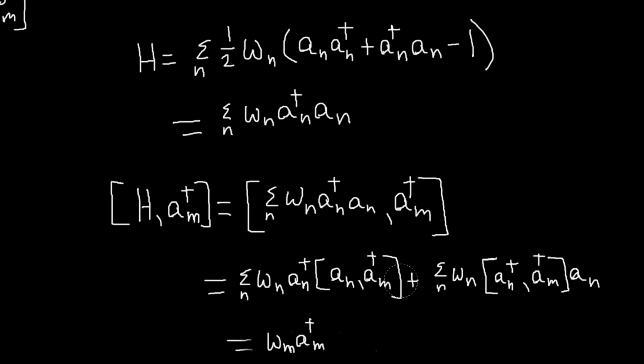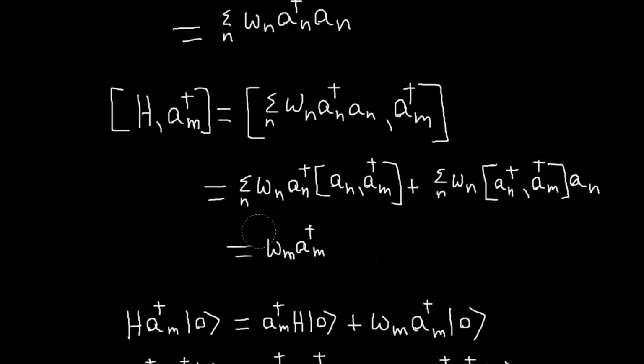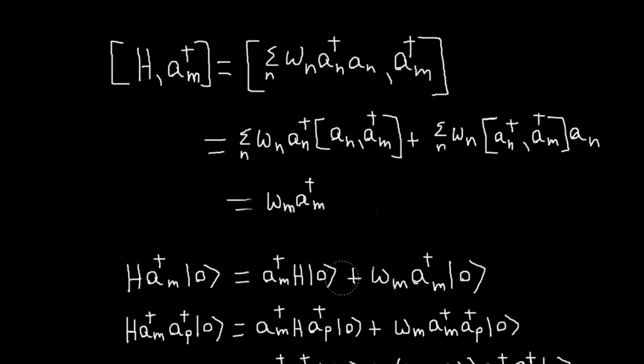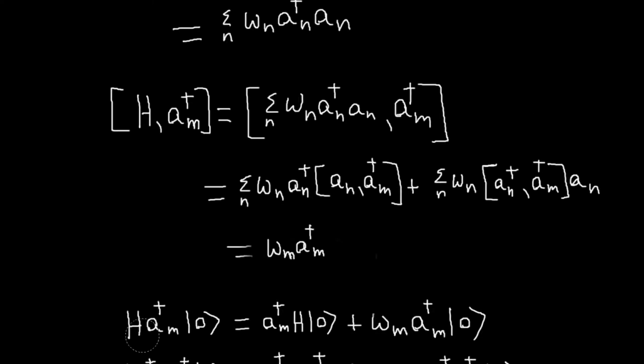You can use the commutation relation, so you just get that this commutator is proportional to the raising operator. And using that, you can calculate the energy of your excited states. So the energy of a state excited in the mth mode, you just use the commutation relation that we just found here to get this.